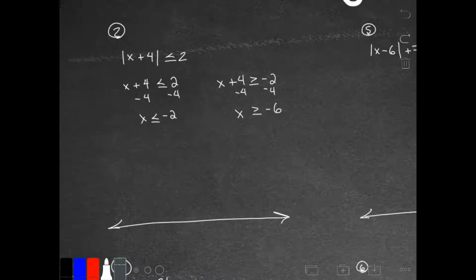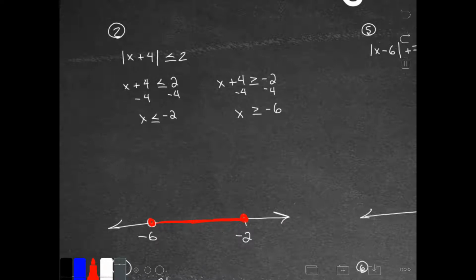Let's go ahead and graph. Negative 6, negative 2. All right. So at negative 6, it's greater than or equal to, so that's a closed circle shaded to the right. And at negative 2, it's less than or equal to, so it's going to be closed and shaded to the left.